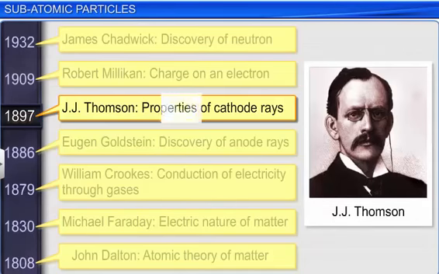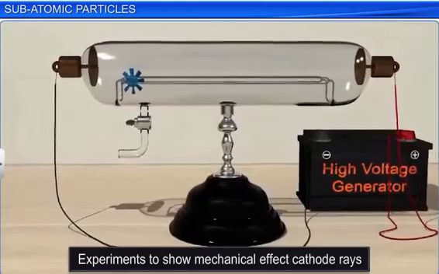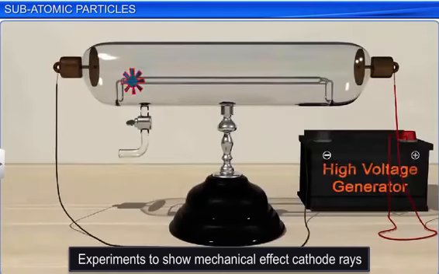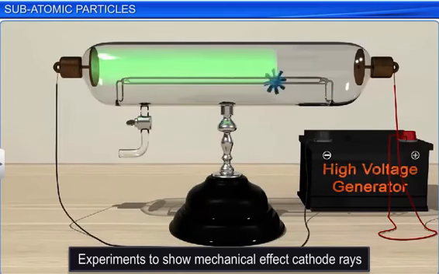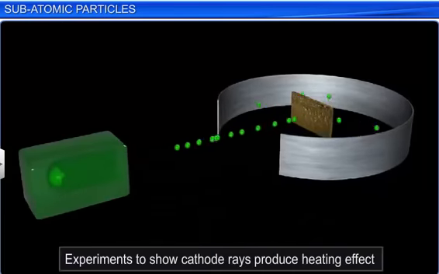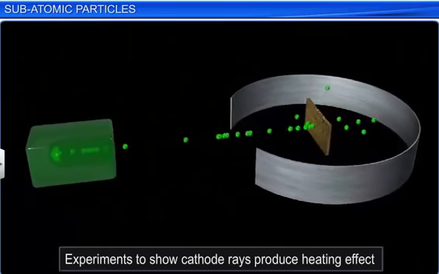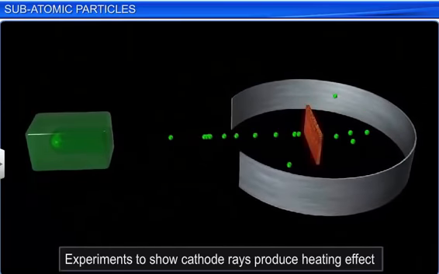In one of his experiments, Thomson observed that if a pinwheel is placed in the path of the cathode rays, the ray caused the pinwheel to rotate. This implied that cathode rays are made of material particles that produced a mechanical effect. He then observed that if a metal foil is placed in the path of cathode rays, it becomes hot.